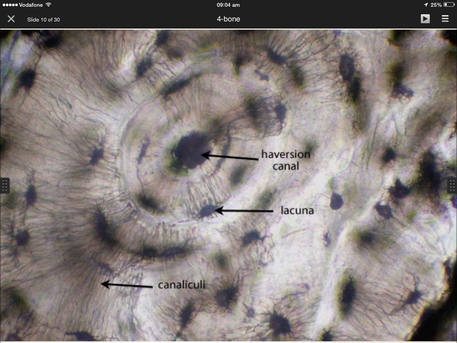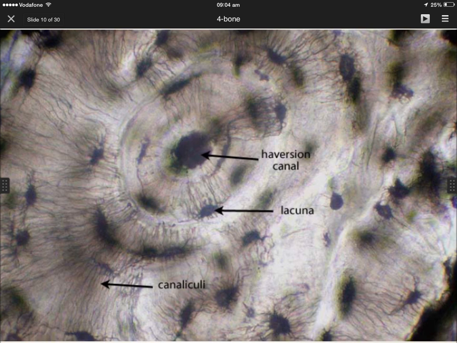Another picture for the ground compact bone. Here we have the Haversian canal, surrounded by the concentric bony lamellae, and these lamellae are alternating with the lacuna here, and from the lacuna we can see very clearly the canaliculi.